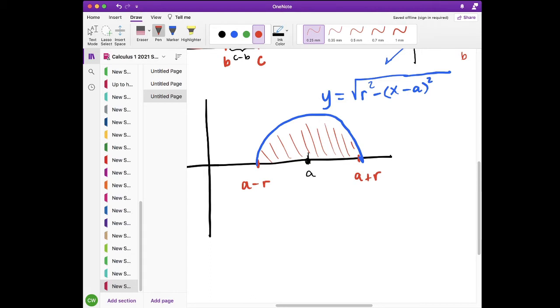You don't have to think too hard about it. So why do you have a plus r? What does a plus r mean?